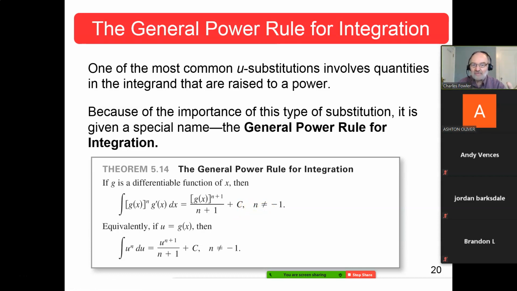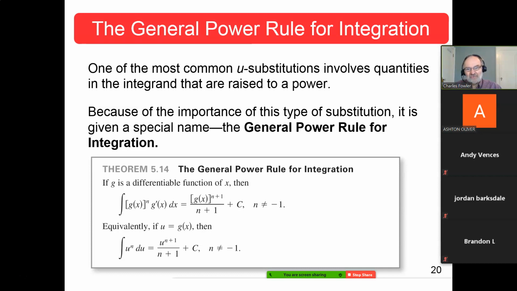Now time out for a moment here. A lot of times in math and in computer science, they will use n to represent an integer. Notice here, you do not need n to be an integer. Any real number works.